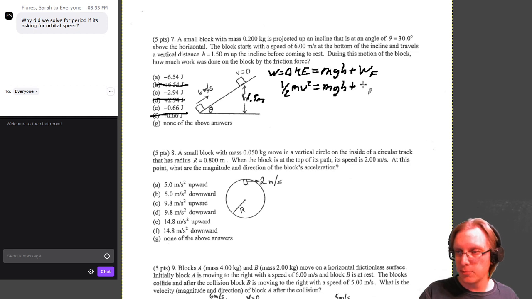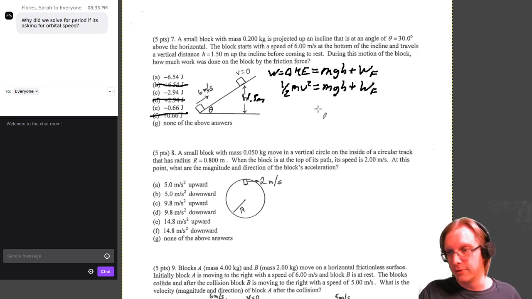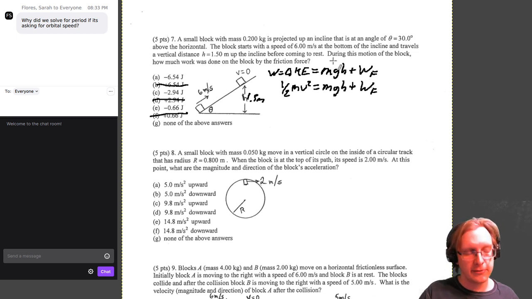And then here I put my work on the final side, despite the fact that it's a work other, and it should be over here. So I'm going to come up with a positive value for our work here when it should be negative. It's like the bucket is the final state of this energy, having gone into friction and making heat. That's the final state of this energy. That's why I like putting my friction on the final side, despite the fact that it's on the wrong side.